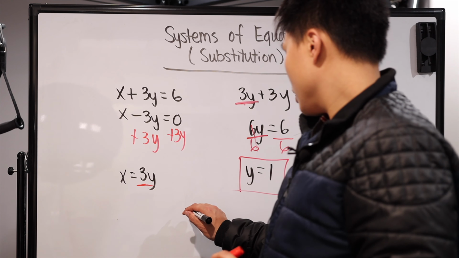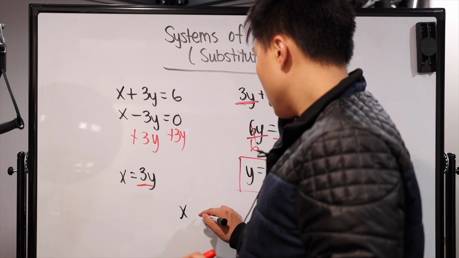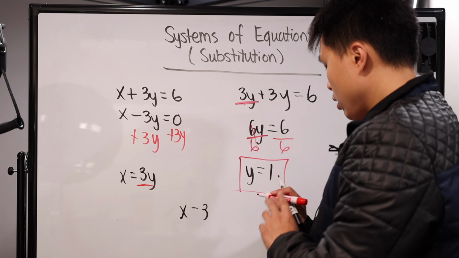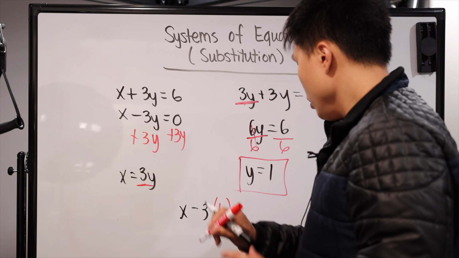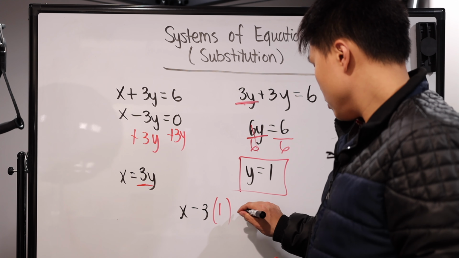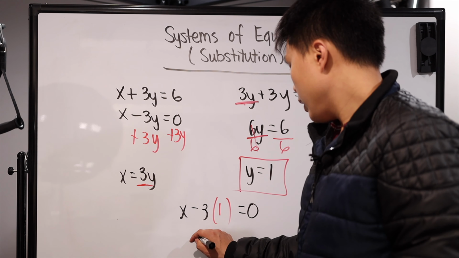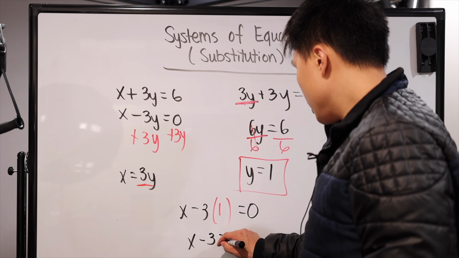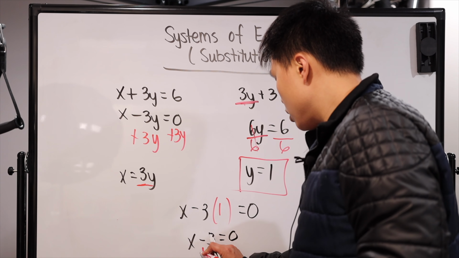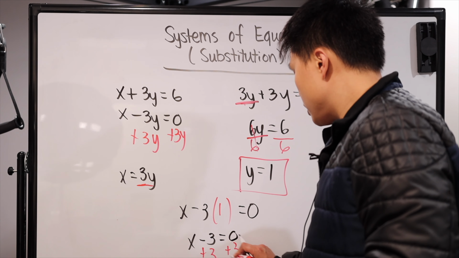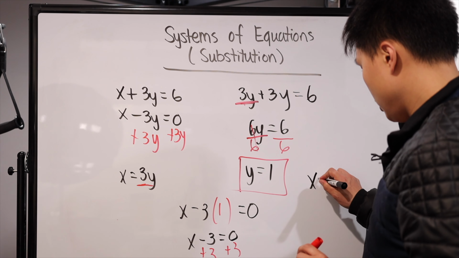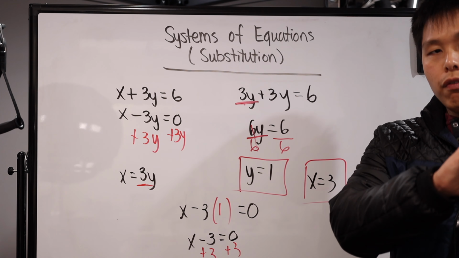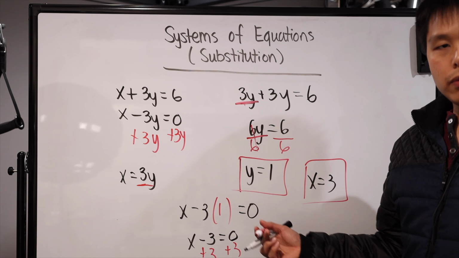So, x minus 3, and instead of y, we're multiplying it by 1 for this y right here, equals 0. x minus 3, because 3 times 1 is 3, equals 0, plus 3 on both sides. All of a sudden I have x equals 3, and that is my second variable. And just like that, I've solved the system of equations.